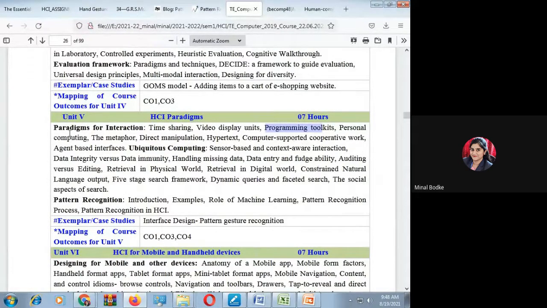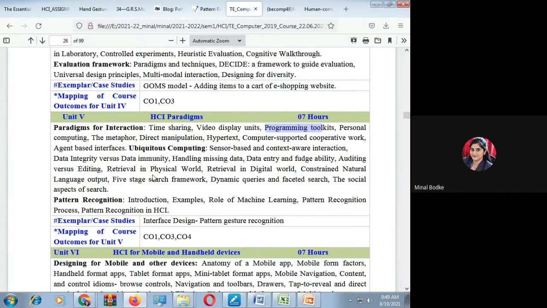These are the paradigms for interaction. This was the sample model through which your models of interaction were developed. We are going to see the history of interaction, how human and computer interacted for the first time, then in the second generation, third generation.